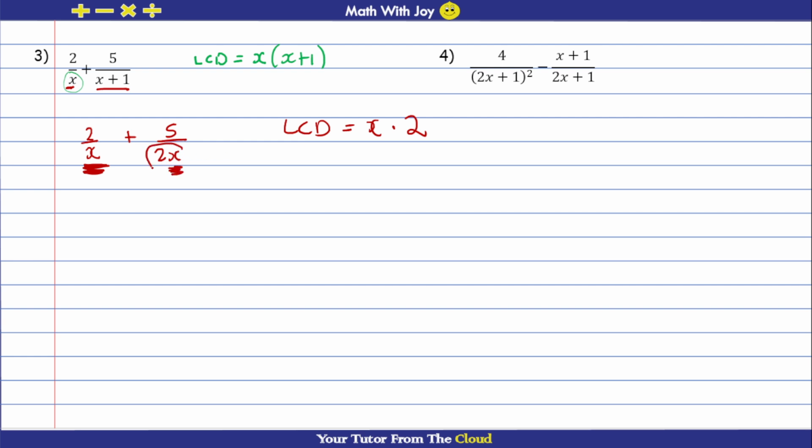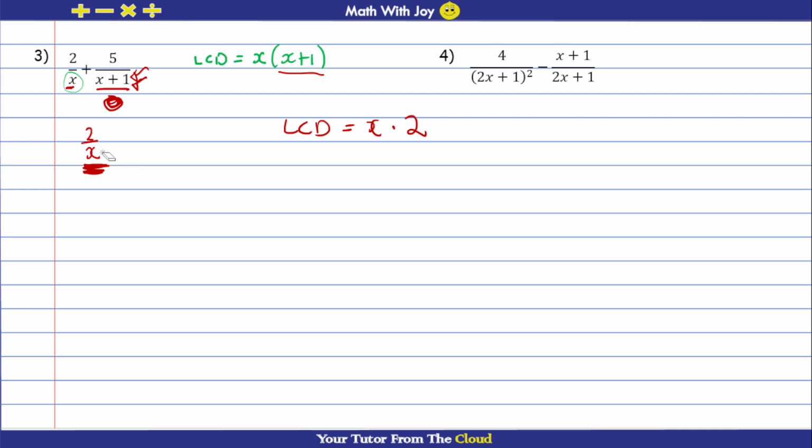So the difference between this and what I did at the top is that here the x is one term, while here the x is two terms. That's why I did not say, well, there's an x, I'm not going to write it again. I wrote it because now it's two terms. We have the term x plus 1, and we don't have it here. We only have the term x here. And for this one, you don't have the term x. So that's why we write the LCD like we did.